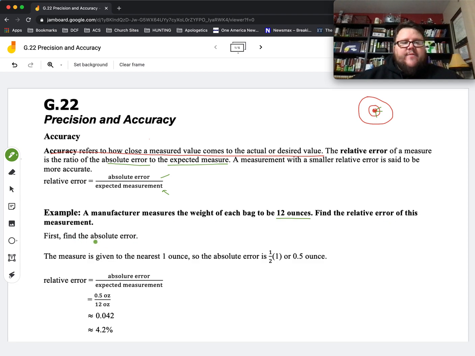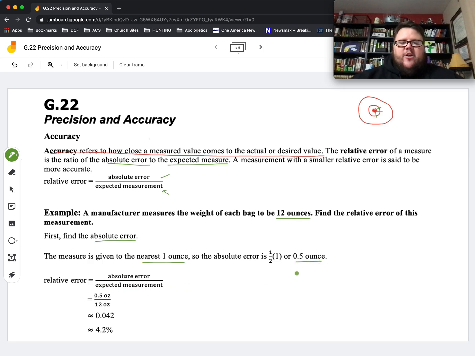The first thing we have to do is find the absolute error. So that's what we did yesterday. Last lesson was you take it, it's rounded to the nearest ounce. So our measure was the nearest 1 ounce. So the absolute error is half of an ounce, so 0.5 ounces.